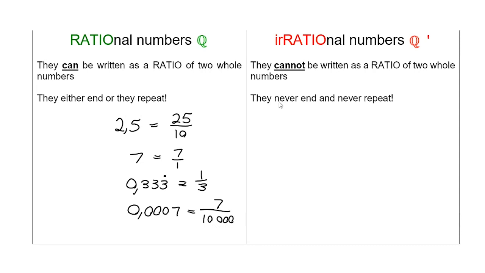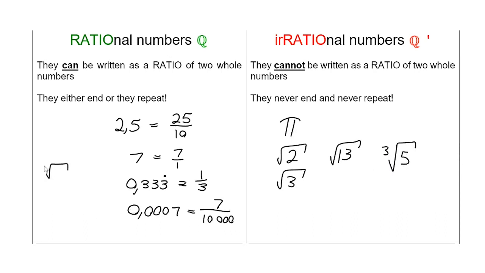Irrational numbers never end and never repeat. The most common examples that we encounter at school are pi, and then things like the square root of 2. But in fact, the square root of 3, the square root of 5, the square root of 13, the cube root of 5. Something like the cube root of 8 is actually rational because the cube root of 8 is actually 2, and we could write 2 as 2/1.